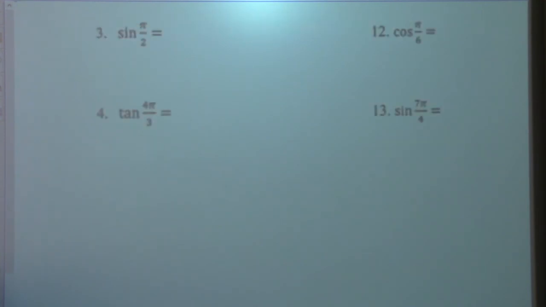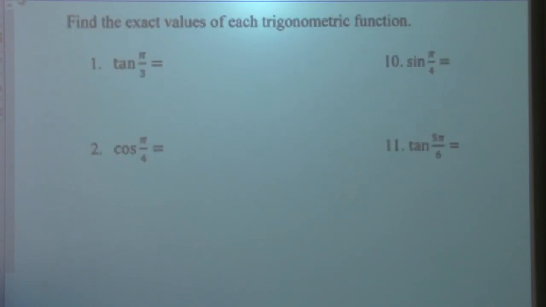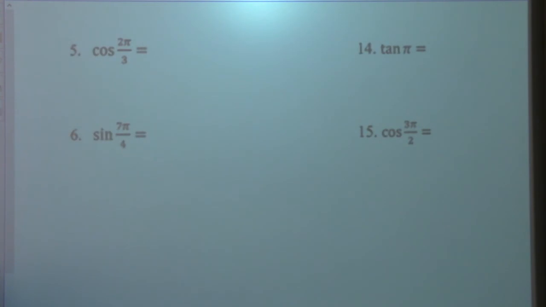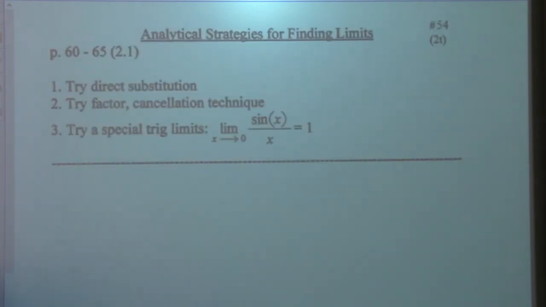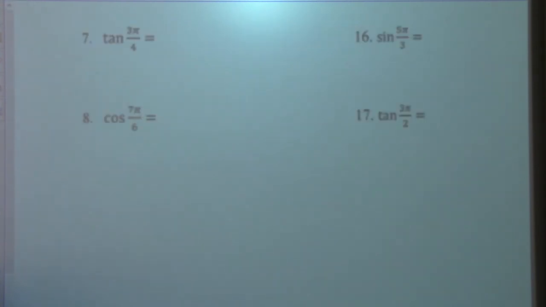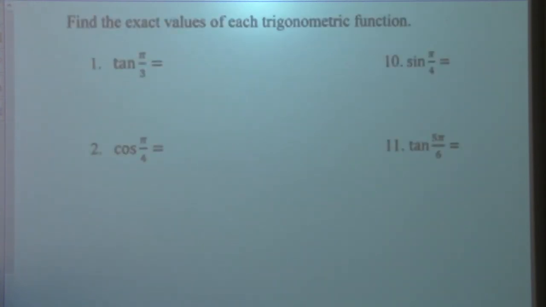Yeah, 3, 4, 12, 13. So you just go on the left column: 1, 2, 3, 4, 5, 6. And then there's 9. So go down to 9 on the left. We'll go over these in a few minutes, okay? See if you can test that.